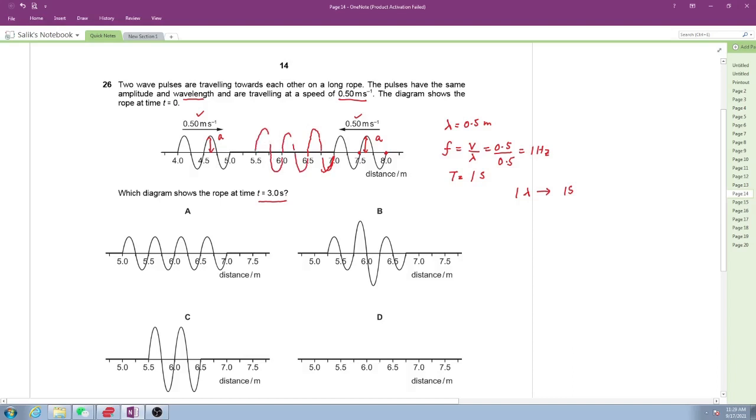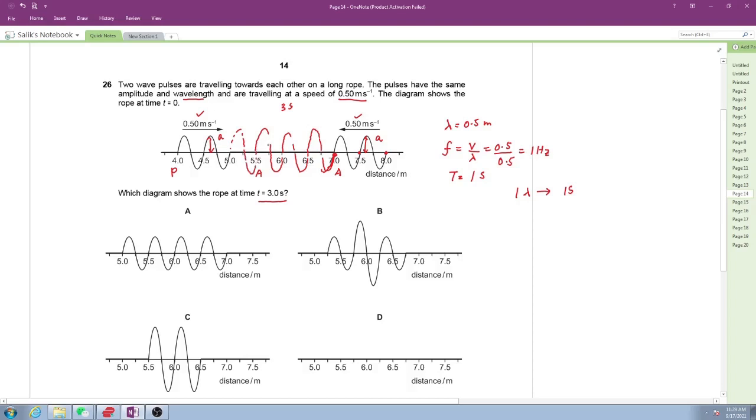So after 3 seconds, suppose this position is A, this position after 3 seconds should be here. Now suppose I say this is position P here, after 3 seconds we can see what's going on.